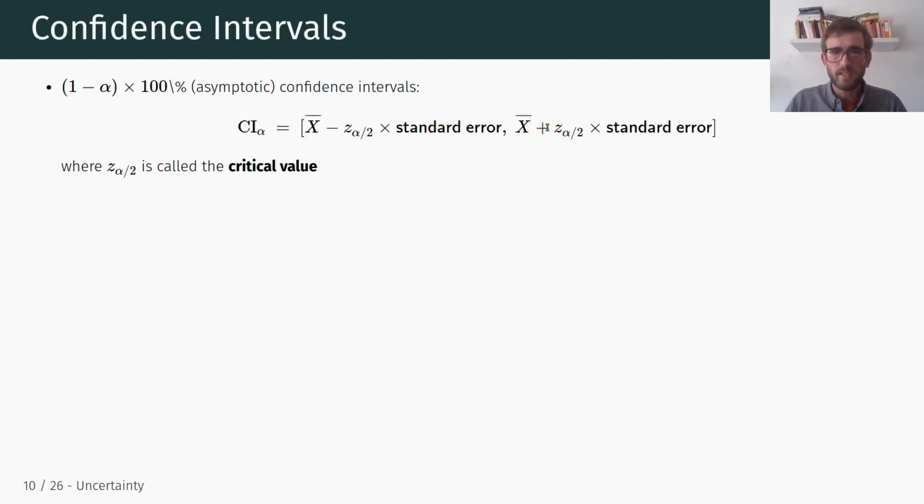And the upper bound of that interval is x bar plus our critical value z for our confidence level alpha times the standard error, right?